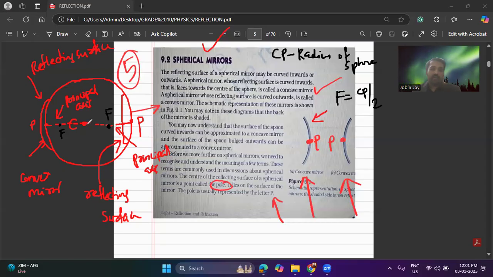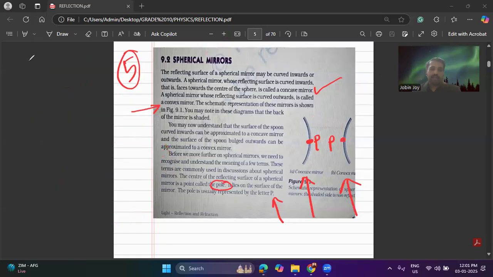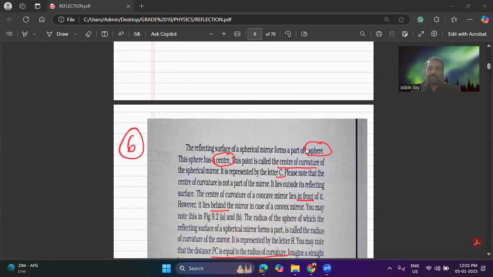If I join C and P with an imaginary line, then that is called the principal axis. Then CP is called the radius of the sphere, and finally F is called the focus or focal point of the sphere. So that's all about spherical mirrors and its two types.